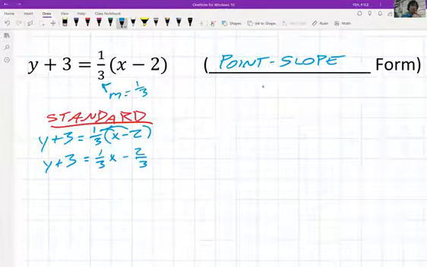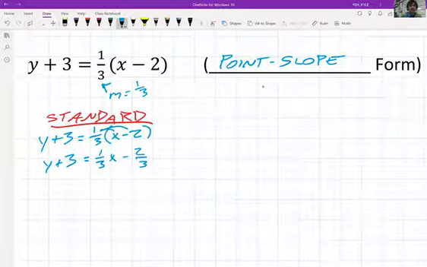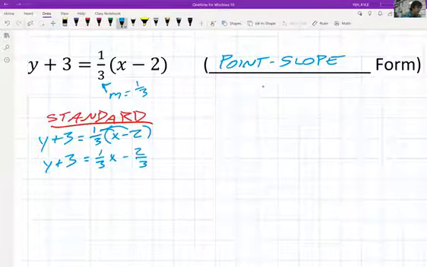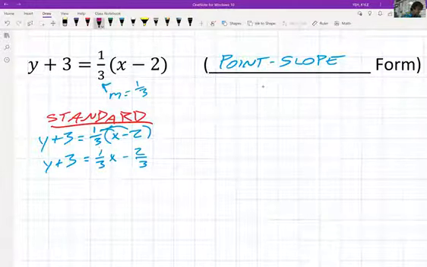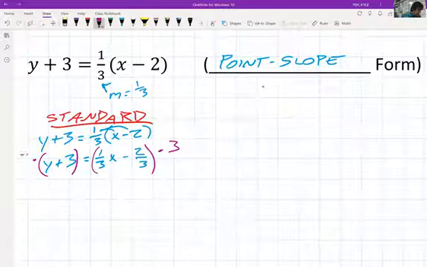Okay, I already know that I'm not allowed to have any fractions in this. In standard form, they all have to be integers. So maybe what I do right now is, because I have thirds, I multiply both sides of the equation by 3 to get rid of those fractions right away.